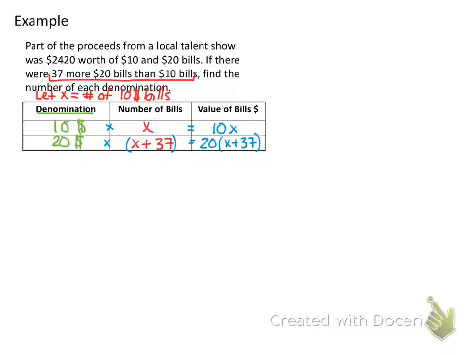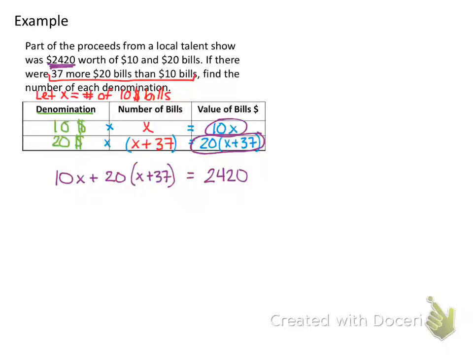Now the other thing that they have told us is this piece of information here, $2,420. So if I add up 10x and 20 times the quantity x plus 37, I should get the total 2,420. So 10x plus 20 times x plus 37.